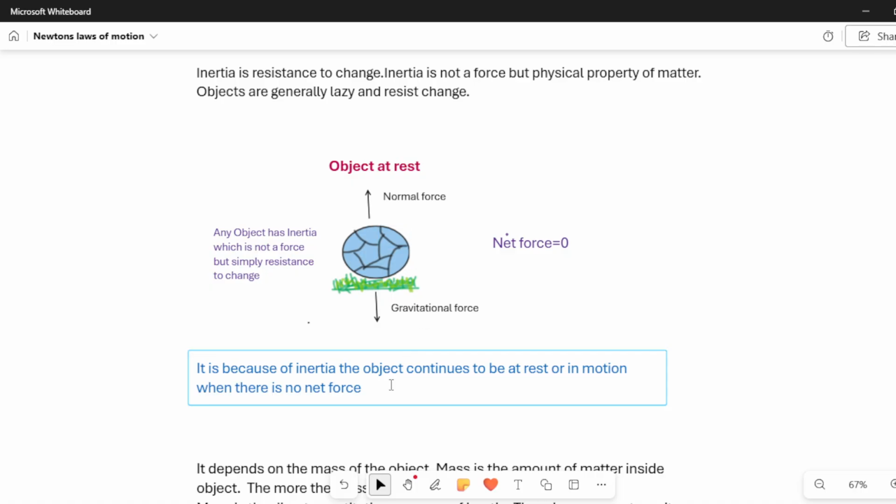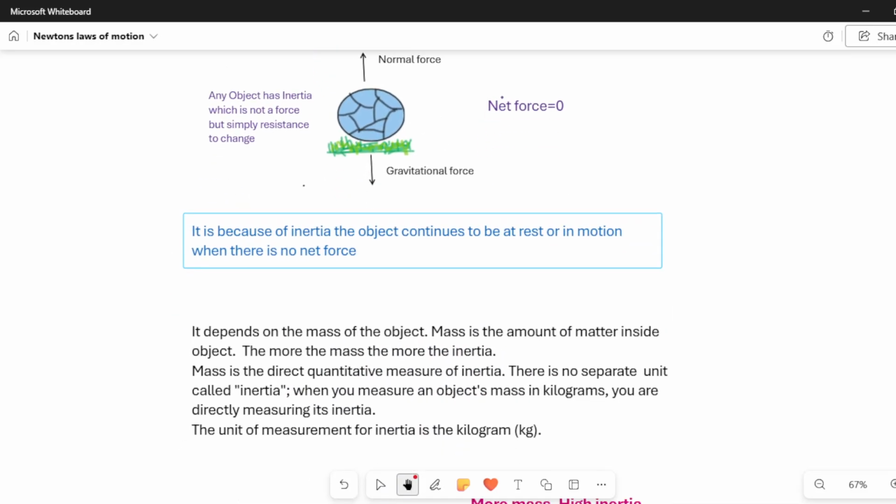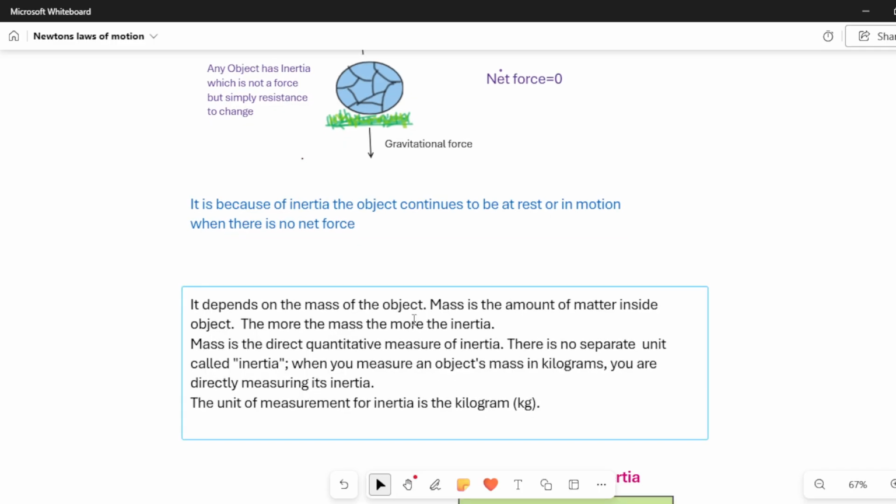So it is because of this inertia that the object continues to be at rest or in motion when there is no net force. And this inertia depends upon the mass. Mass, what is mass? Mass is the amount of matter which is present inside the object.